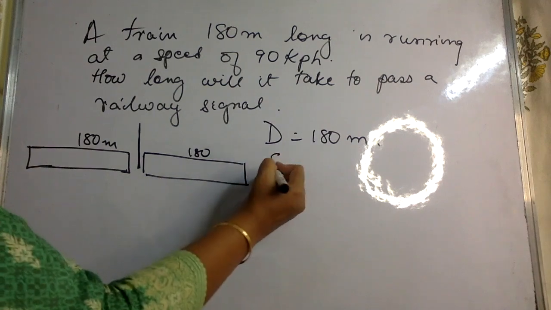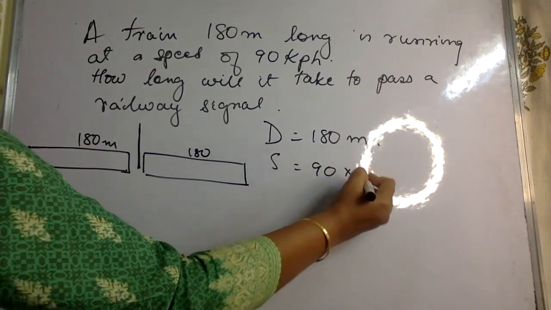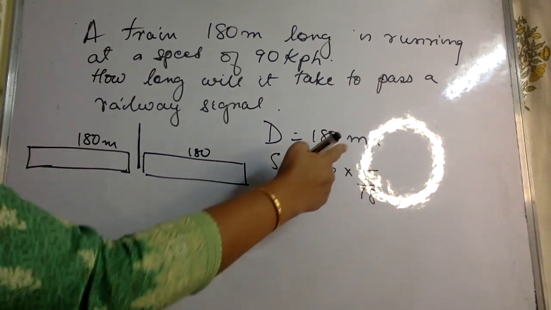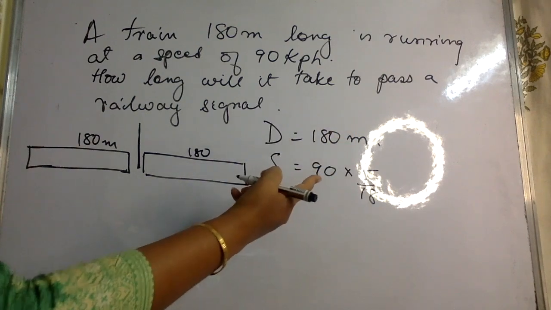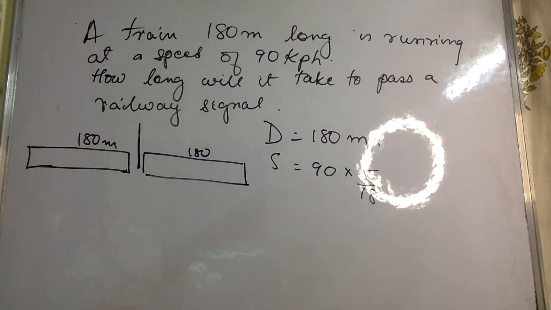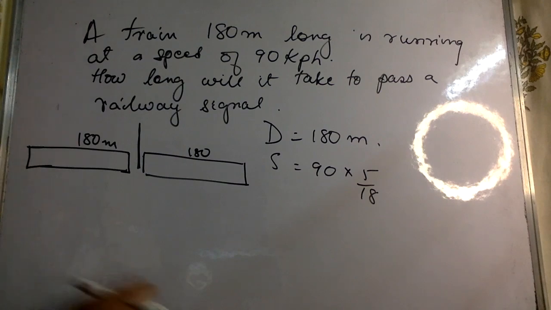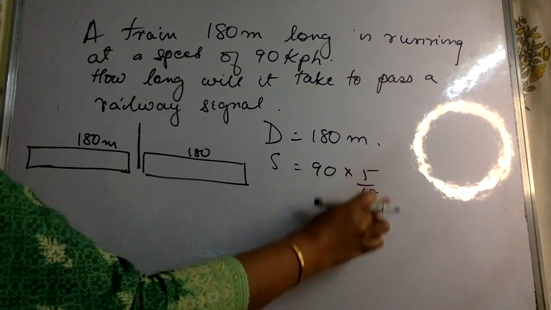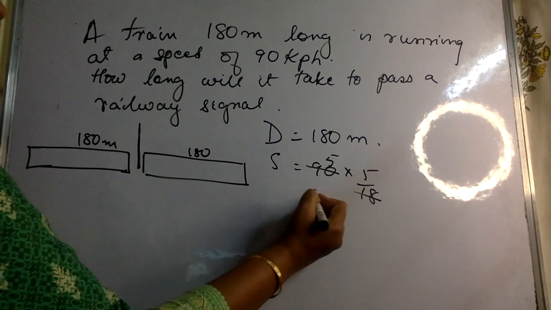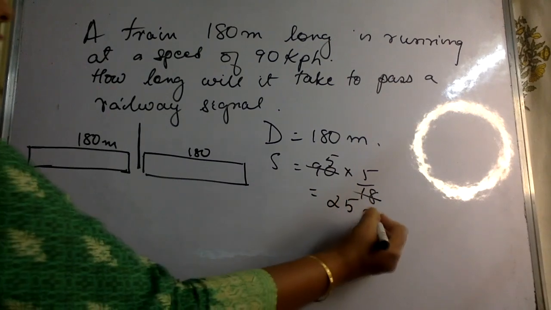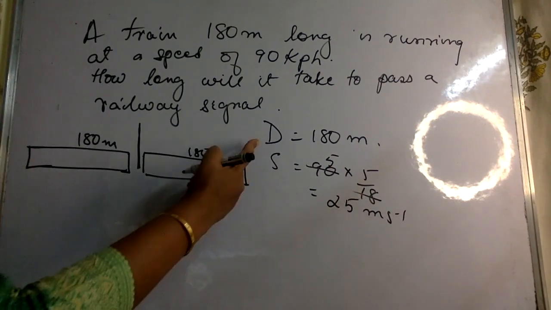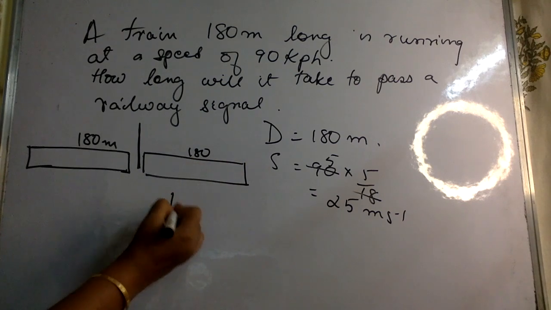Speed is 90 into 5 by 18. Why 5 by 18? Here I have meters, so I have to get it in meters per second. So I have 90 into 5 by 18. This is 5 clear, 25 meters per second. I have distance, I have speed. Now I'll get time.